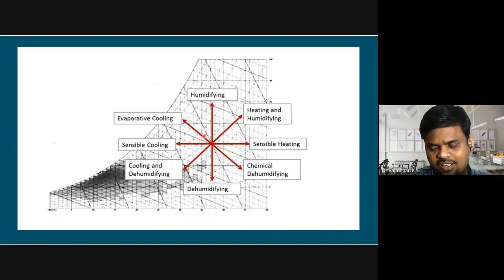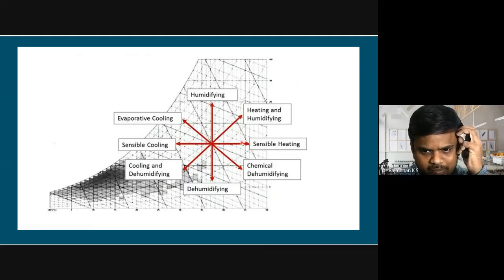For an air and liquid system, pure liquid like water, if you consider dry air and moisture, we can perform various operations and get the corresponding thermodynamic properties using this psychrometric chart. For example, as I explained earlier, sensible cooling can be done, sensible heating can be done. There is a change in temperature, but no change in the absolute humidity, right?